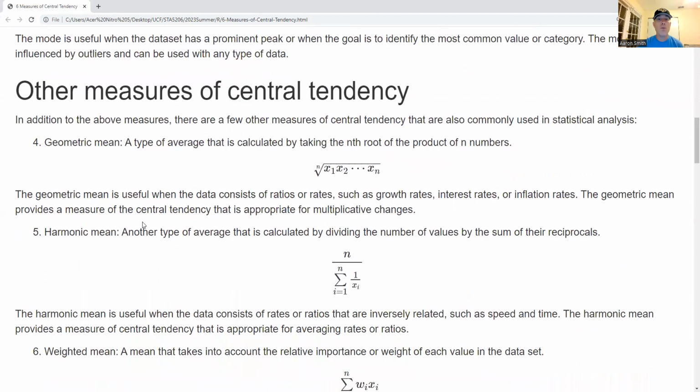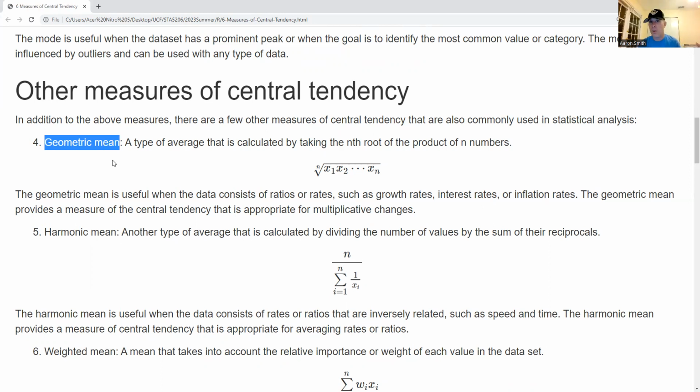Now, there are other measures of central tendency. Honestly, there are probably infinitely many you could come up with, but I'm just going to go over a few of what I'll call the second stringers. So the geometric mean. With the arithmetic mean, the mean that we talked about before, we add them up and divide by n. With the geometric mean, we multiply them all up, then take the nth root.